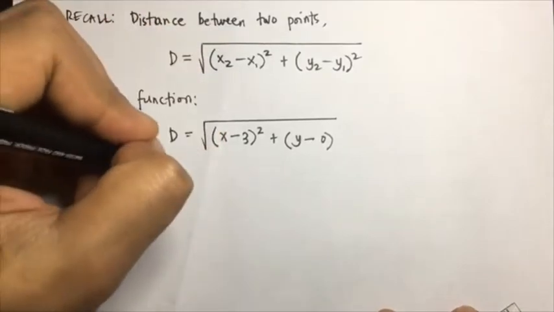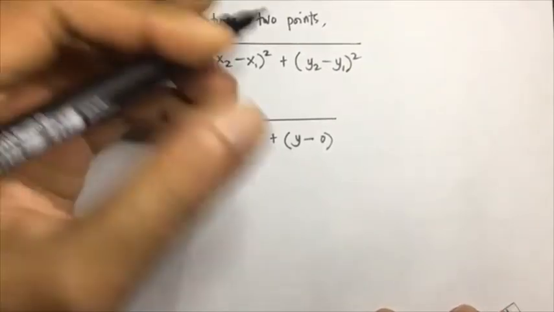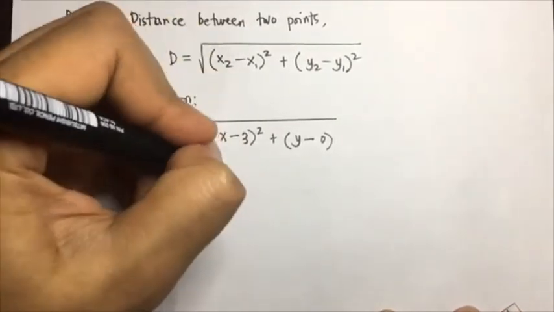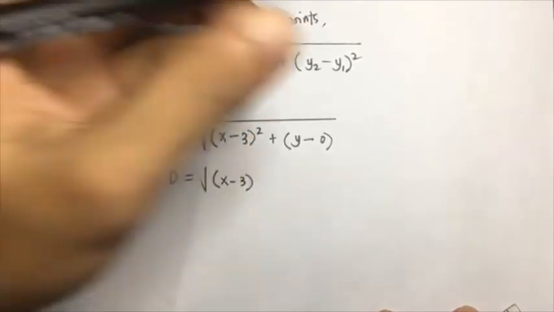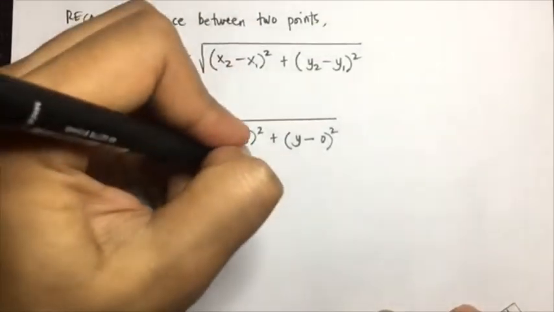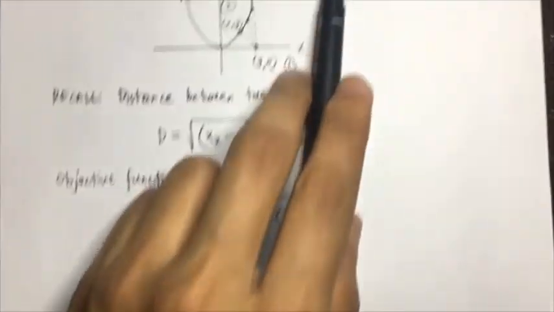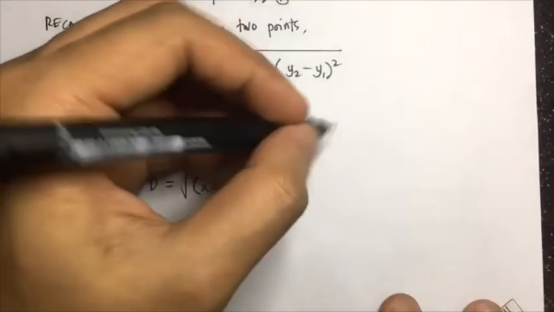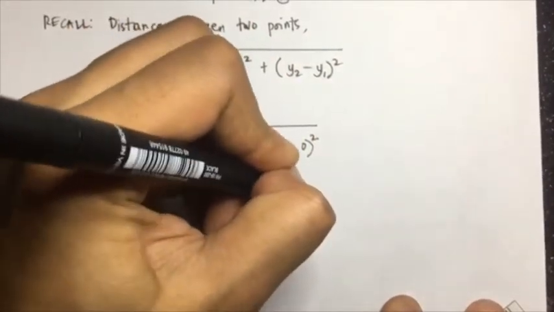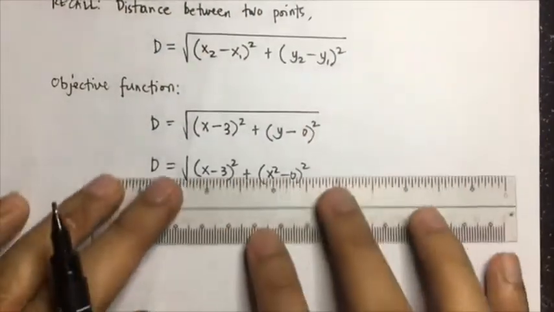So d is equal to the square root of (x minus 3) squared plus, y now will become x squared, squared.